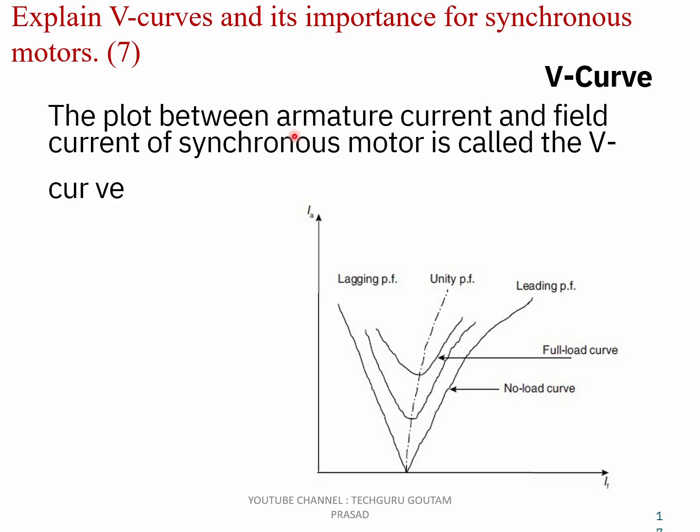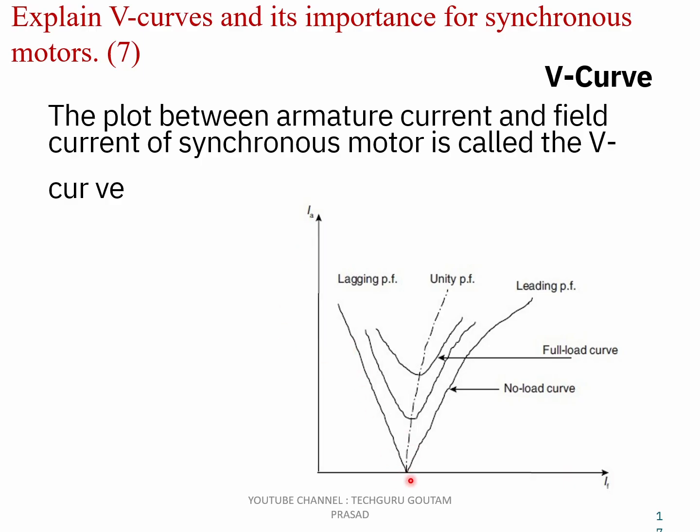So this is a plot of the armature current. Armature current is nothing but the stator current, and the plot of armature current against the field current of the synchronous motor is known as a V curve. These are like V shapes. That is why it is called V curves. For the lagging power factor, as you can see, this is the line of the unity power factor, and at unity power factor the armature current is least.